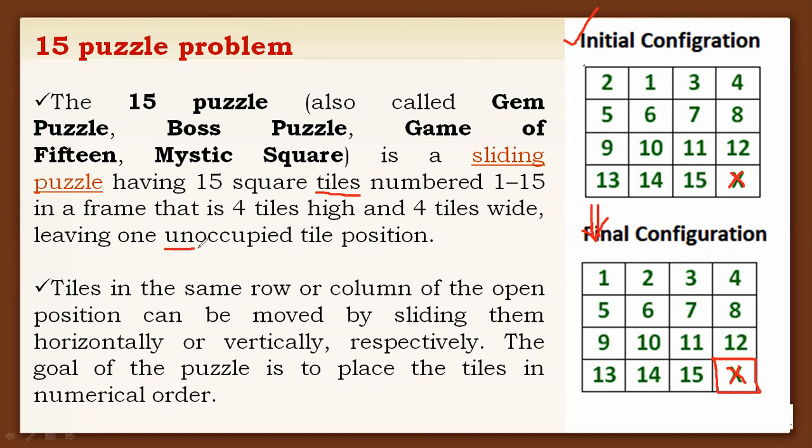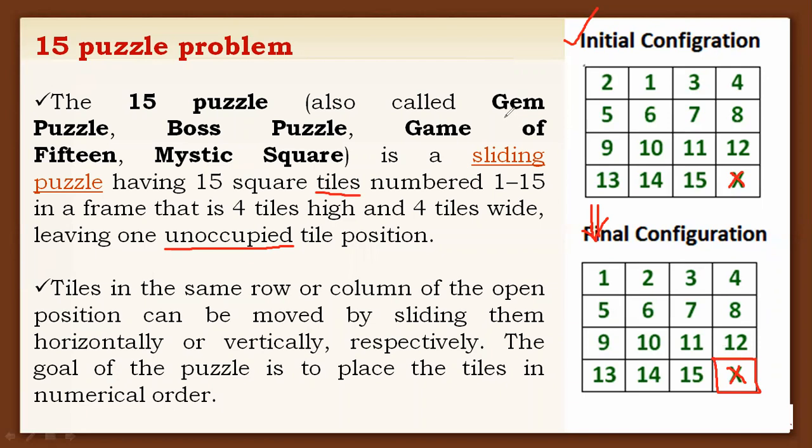So among 16 positions, one is unoccupied. The objective is that all the tiles have the same size, and we need to arrange the numbers 1 to 15 in order in such a way that finally one square tile is left blank. This is called the 15 puzzle problem.